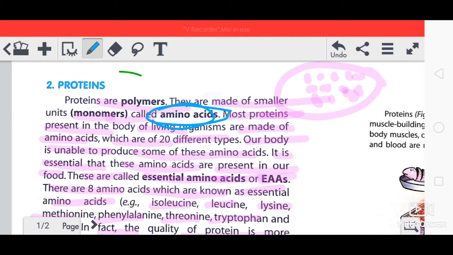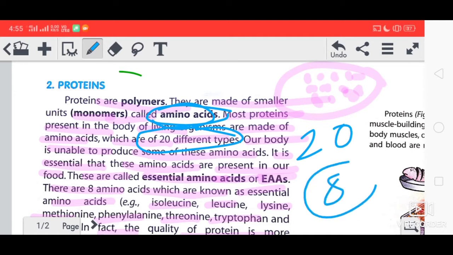These amino acids should be present in our body. How many different types of amino acids are there? A total of 20 different types of amino acids should be present in our body, and out of these 20, 8 are essential amino acids.